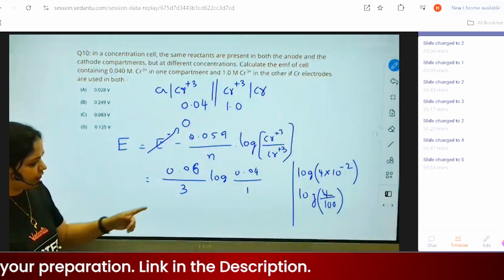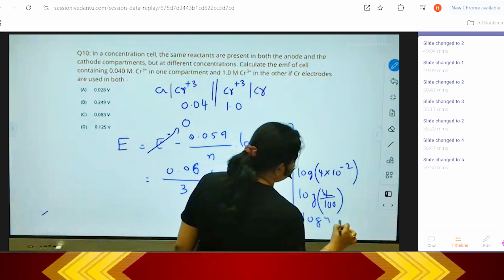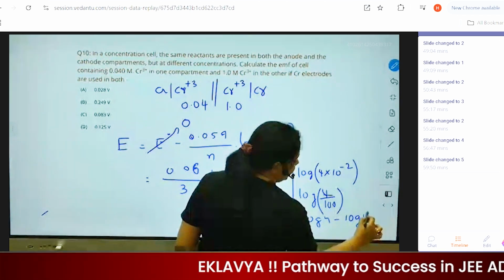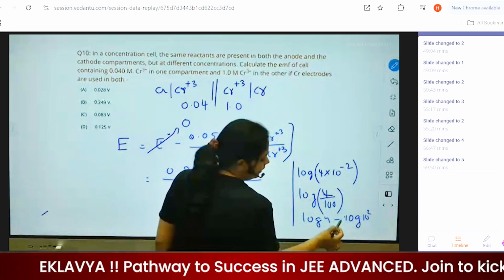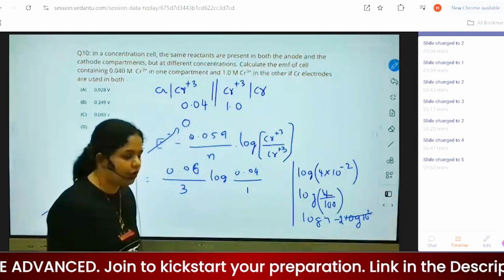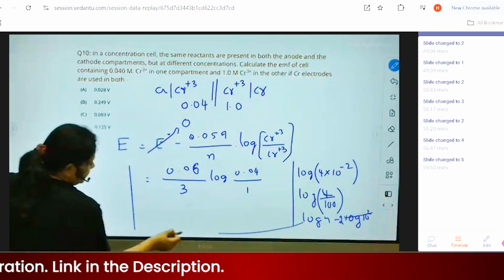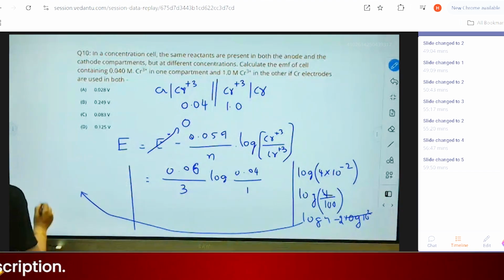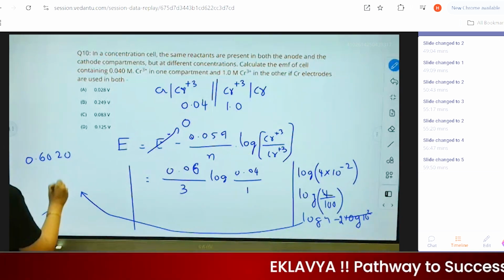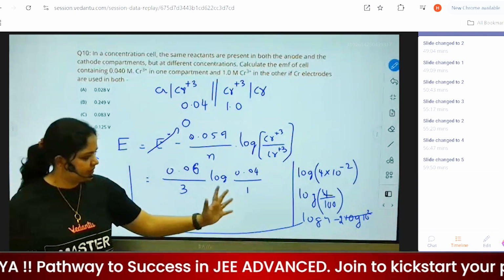So here, log 4 by 100, I can write this as log 4 minus log 100. Log 100, I will write it as 10 square. 10 square, I will take 2 log 10. So this will be 2. This will become 1. So log 4 I will write down here. Log 4 is 0.6020, minus 2. This is that value.